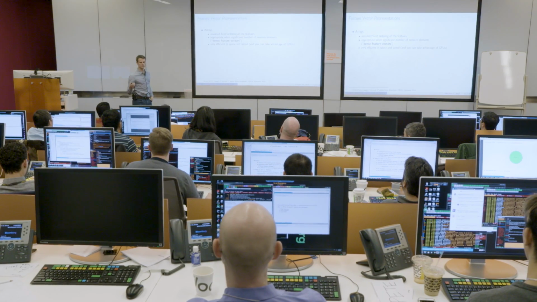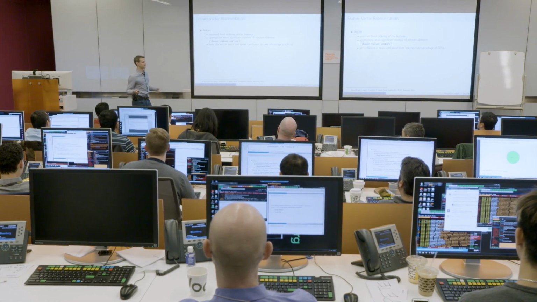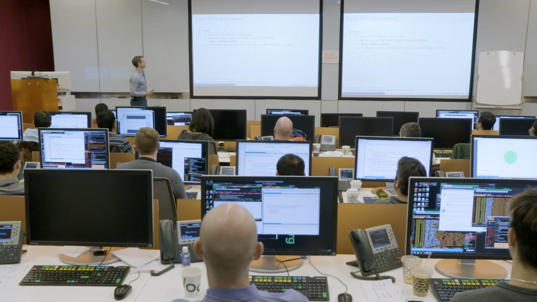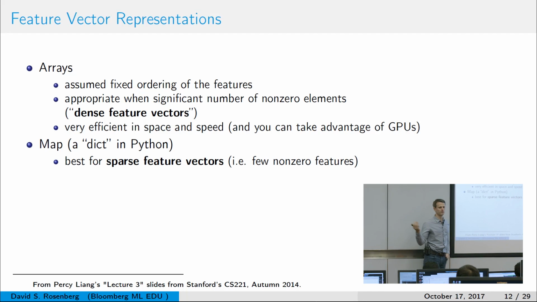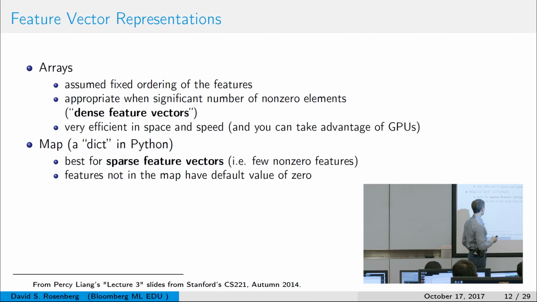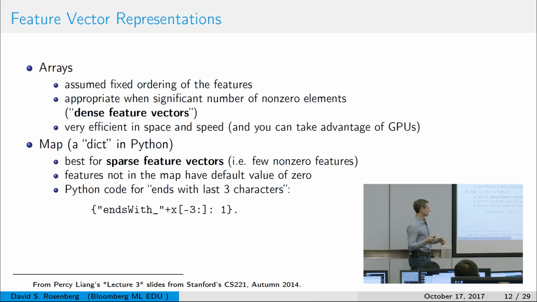They're very efficient in terms of space also, if it's a dense feature vector. But if your feature vectors are extremely sparse, like fewer than 1% non-zeros, then the map becomes much more efficient because they take up so much less space. You have so many fewer entries to deal with.